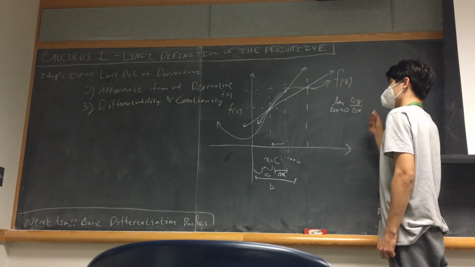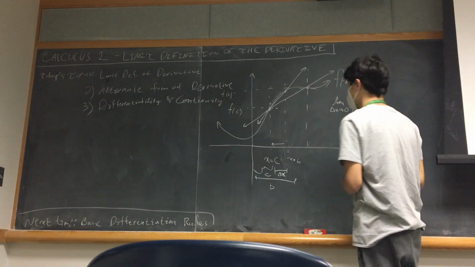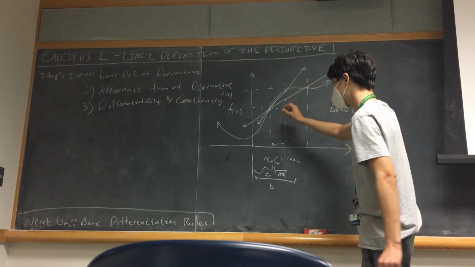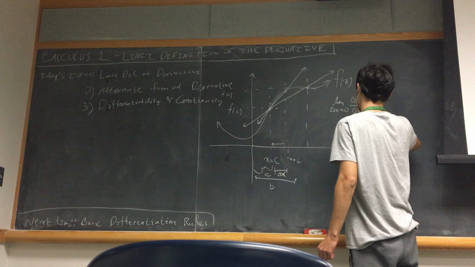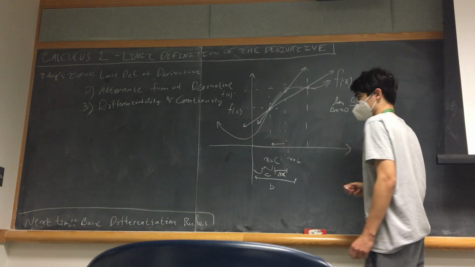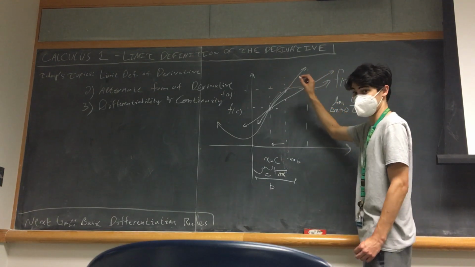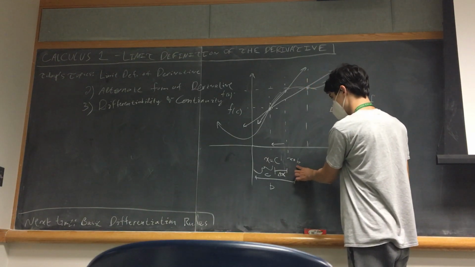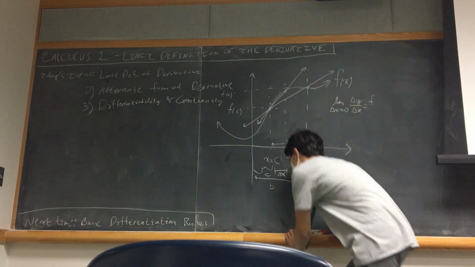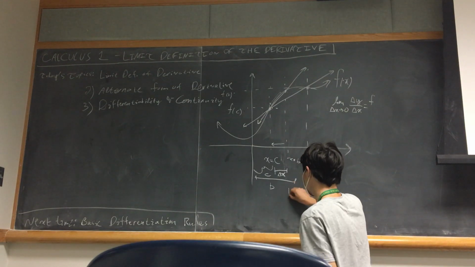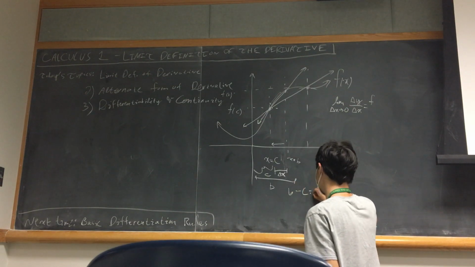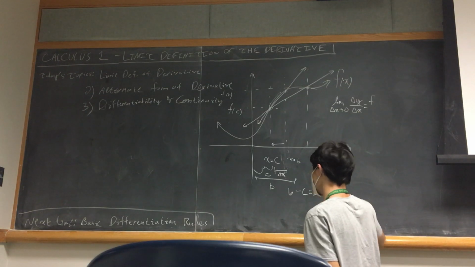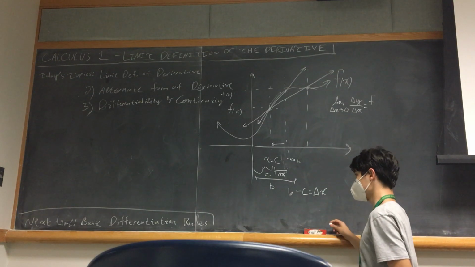So from this graph, for the slope here, we need the value of the function f at point b. So we know that b minus c is equal to delta x.